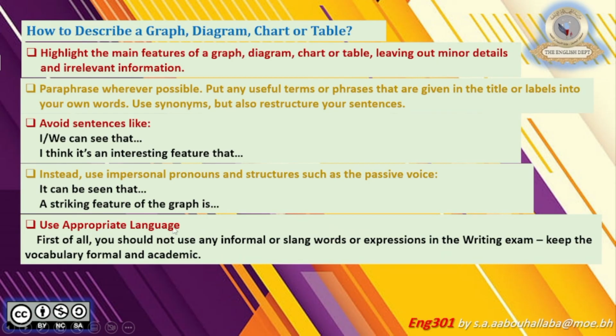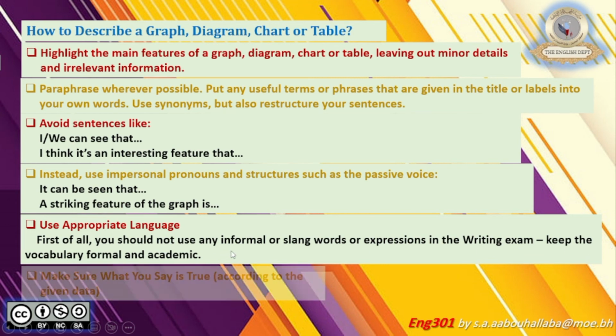Use appropriate language. First of all, you should not use any informal or slang words. This is a formal writing, guys, again. This is a formal writing, so do not use informal or slang expressions. Keep the vocabulary formal and academic. Finally, make sure what you say is true according to the given data. Do not come to conclusions that are not there in the table or in the graph.